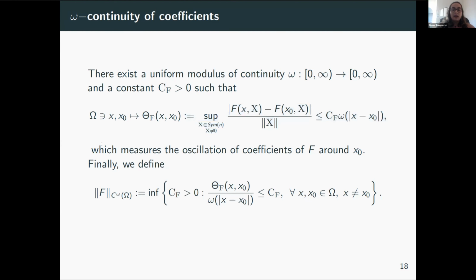This measures the oscillation of the coefficients of F around x0. We also define this norm, which I will mention later.